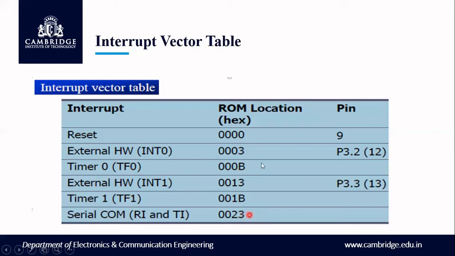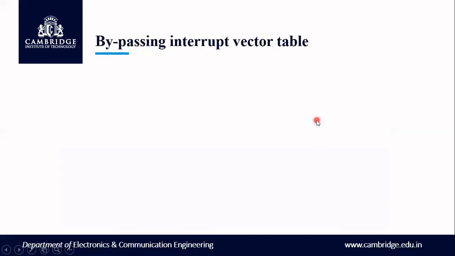So all of you should remember this table in order to write assembly code, and you need to remember the starting address of the interrupt service routine for a particular interrupt. So these are the interrupts, these are the memory locations, and these are the external interrupts we will be using, pins number 12 and 13. Obviously, pin number 9 is for the reset. Once you understand this, it is very important. All of you should remember the interrupt vector table.